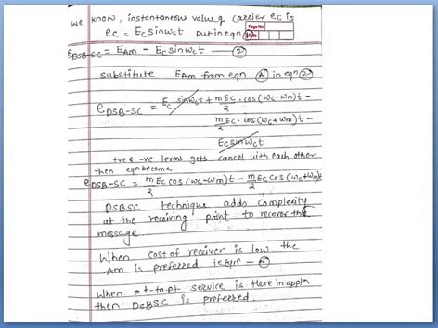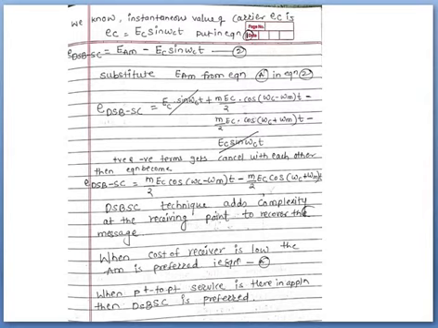Negative and positive terms get cancelled with each other and then the equation becomes E of DSB SC is equal to m EC divided by 2 cos of omega c minus omega m t minus m by 2 EC cos of omega c plus omega m t, that is only two terms, LSB and USB. DSB SC technique adds complexity at the receiving point to recover the message. When the cost of the receiver is low, then AM is preferred. When point-to-point service is there in the application, then DSB SC is preferred.